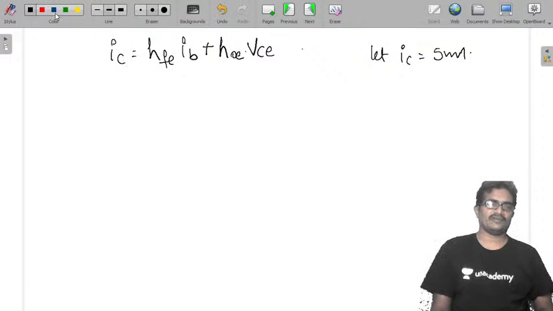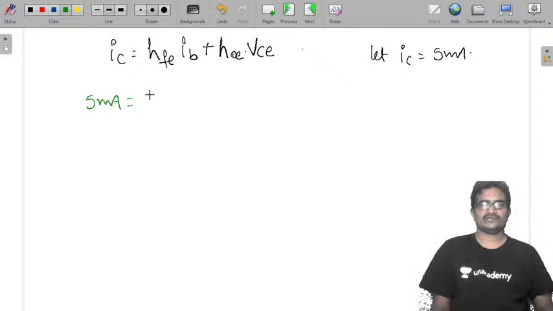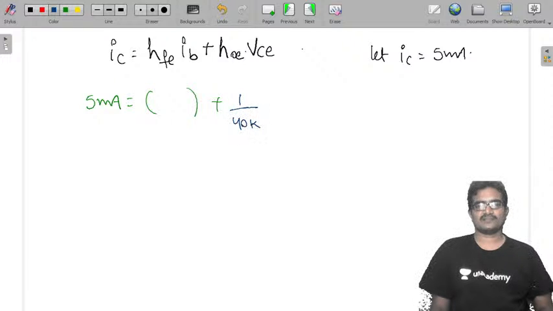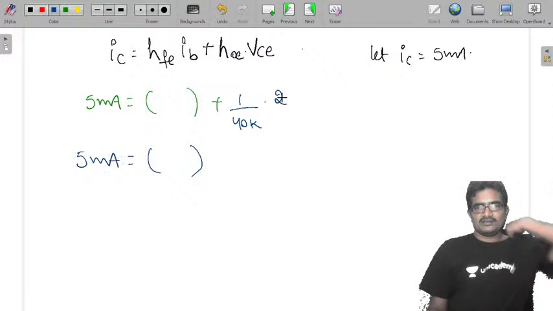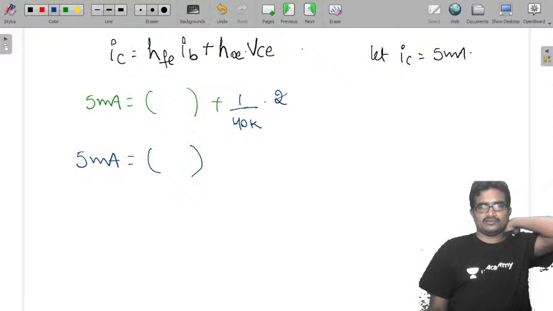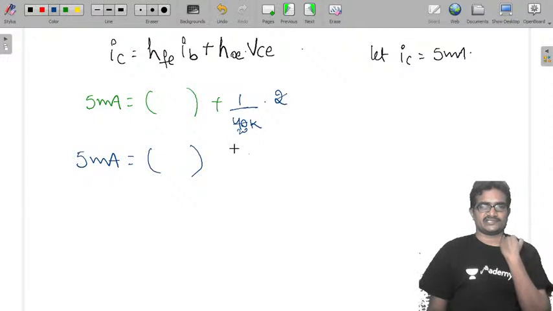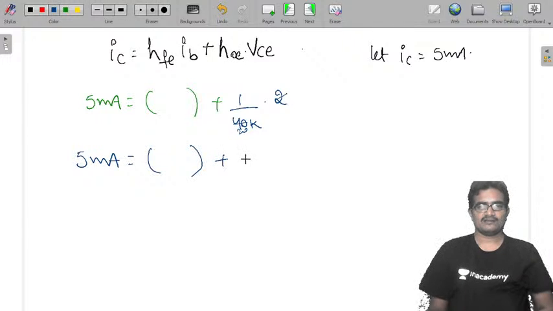Now it is 5 milliamperes. So it is something plus HOE value, we know that it is 1 by 40 kilo ohms, into VCE, 2 volts we have taken. Now it is 5 milliamperes. So it is 220 times 1 by 20, 0.05 milliamperes it is.